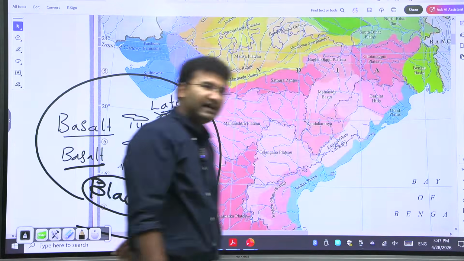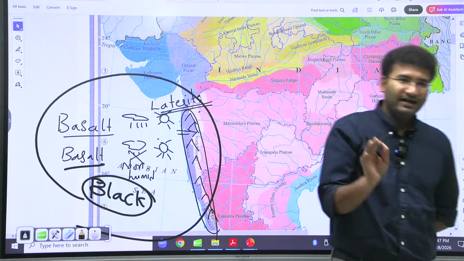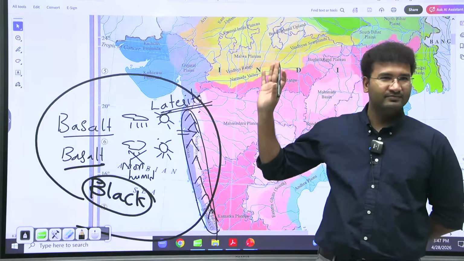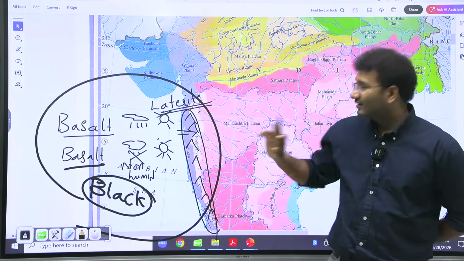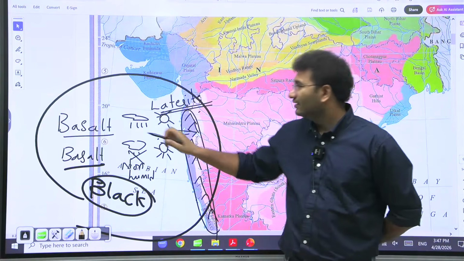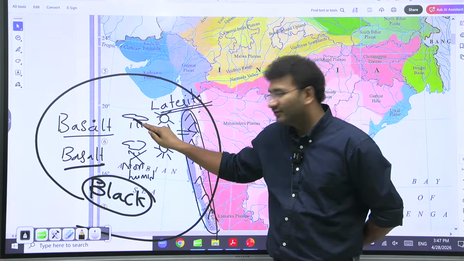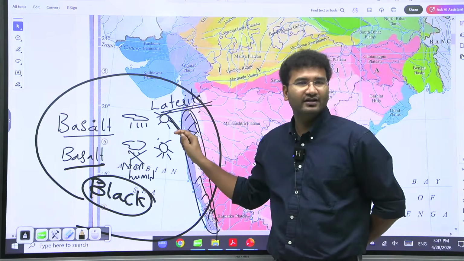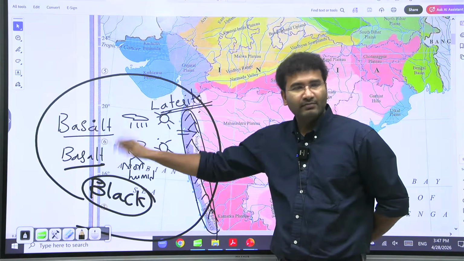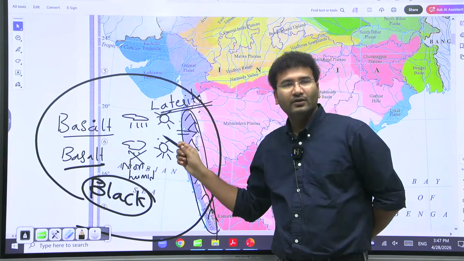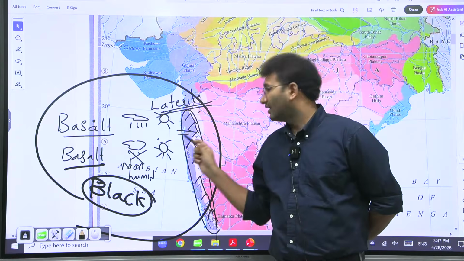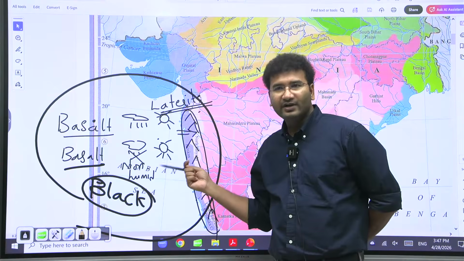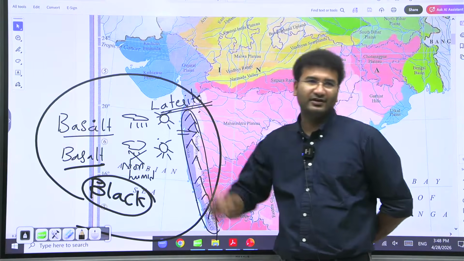Can I say the parent material of black soil and of laterite soil is the same? Right? But the temperature conditions are different. So basalt rock with humid conditions and alternating heat conditions will give you laterite. The same basalt rock with non-humid conditions and a good amount of sunlight, I mean heat, hot and dry conditions, will give you black soil.